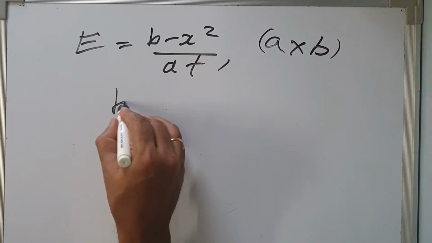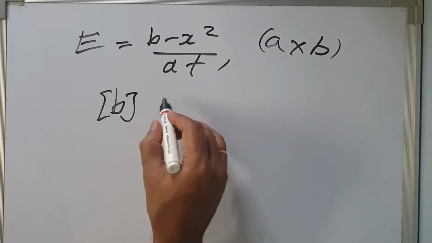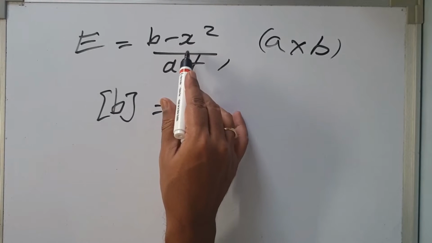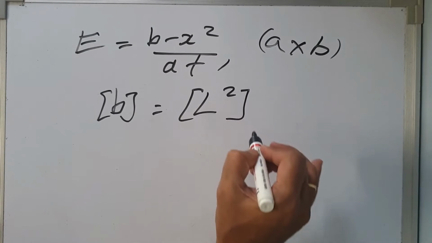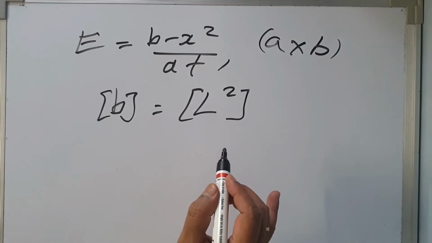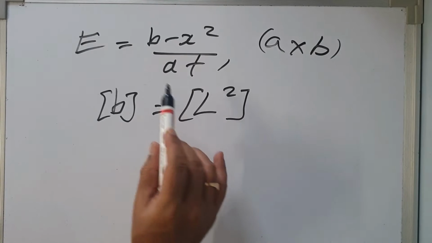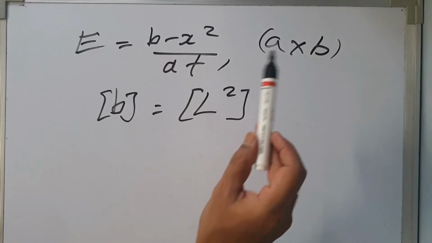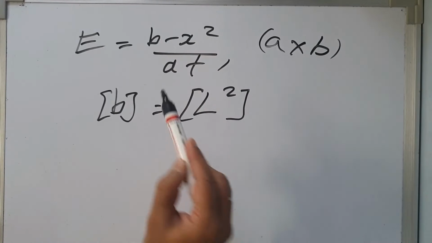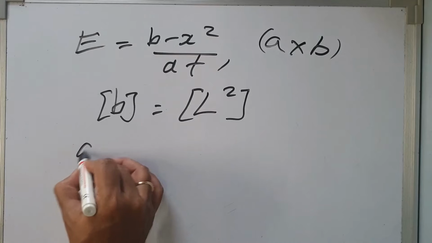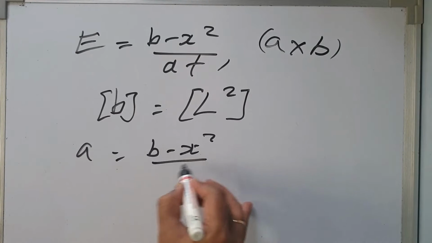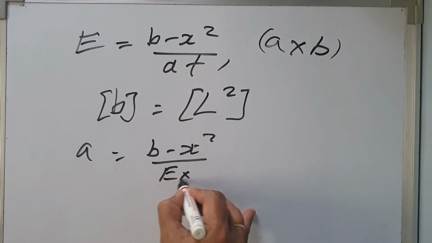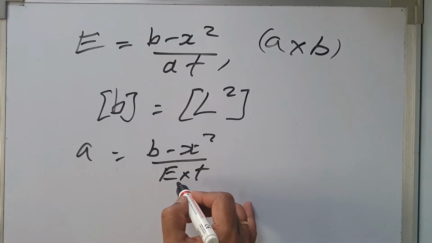So what is the dimensional formula of B? X squared, x is distance, squared, therefore L2. We got that. Now we want to find the dimensional formula of A, so that we can multiply it with the dimensional formula of B. From this relation, what is A equal to? It is B minus x squared upon E into T. E is energy.